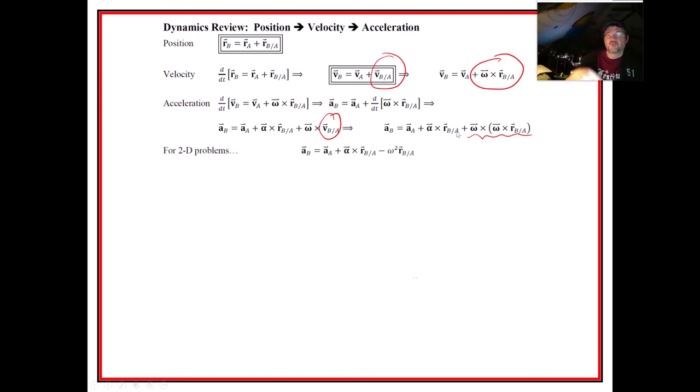We could simplify that because the omega is always about k. So what's going to turn out to be is minus omega squared, the magnitude of omega, times the relative position vector, and you notice that minus that shows up.